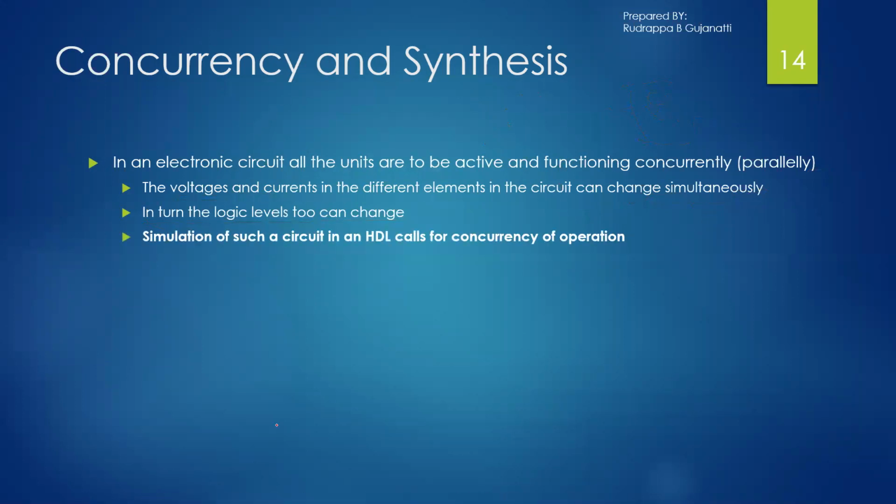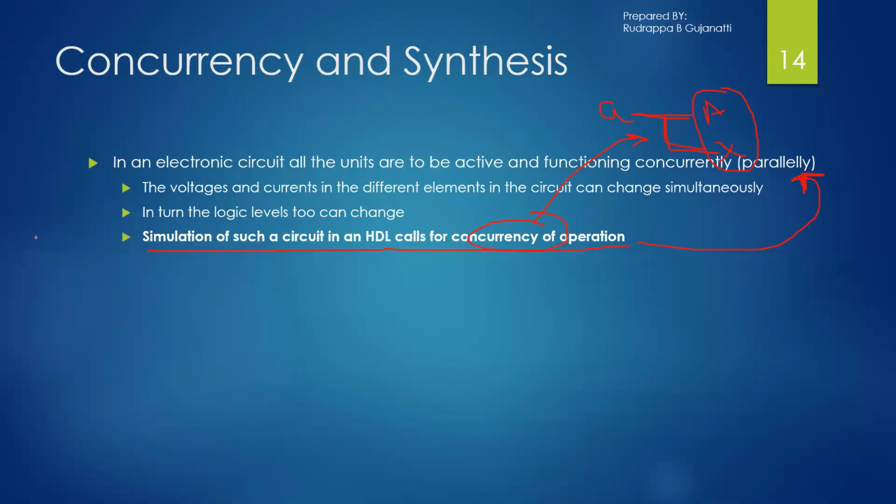Now here, simulation of such a circuit in HDL calls for concurrency operations. It is to cater to this hardware aspect that we are looking out for. Whenever we change some value, that is applied to the AND gate and the XOR gate, so this should be happening simultaneously. That is, whenever a change happens, A should be applied simultaneously. That is a concurrency operation, so HDL has to incorporate that.